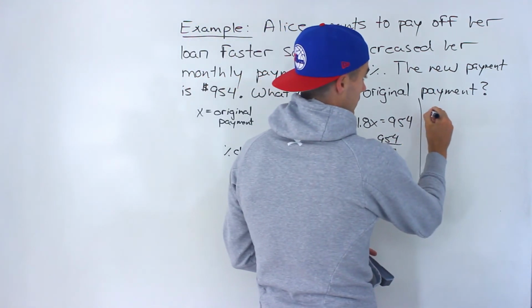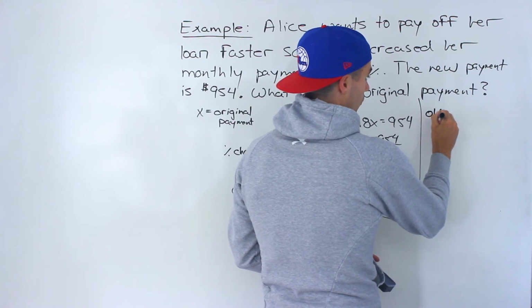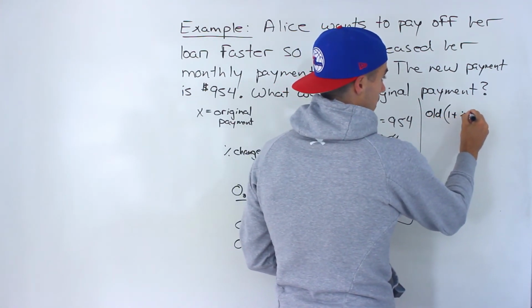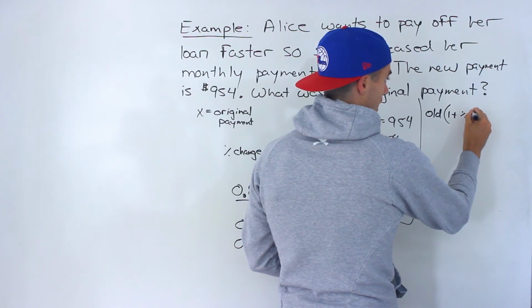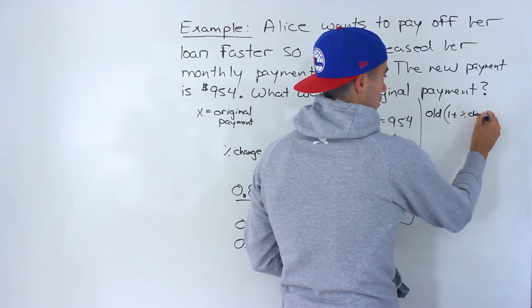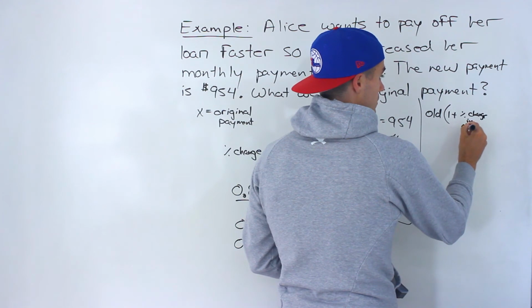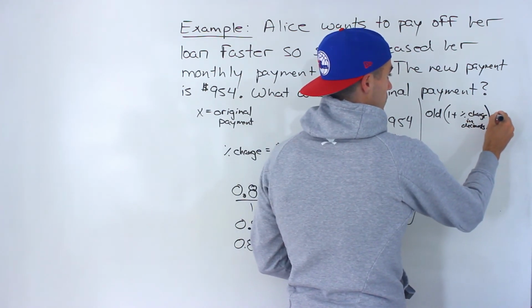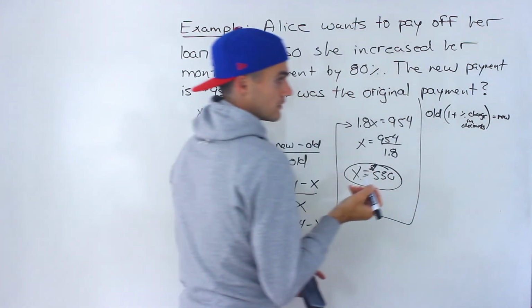And then another way we could have done this, we would have actually got to this step a lot quicker, is basically whatever old value, you'd have 1 plus the percentage change in decimals equals the new value, like that.